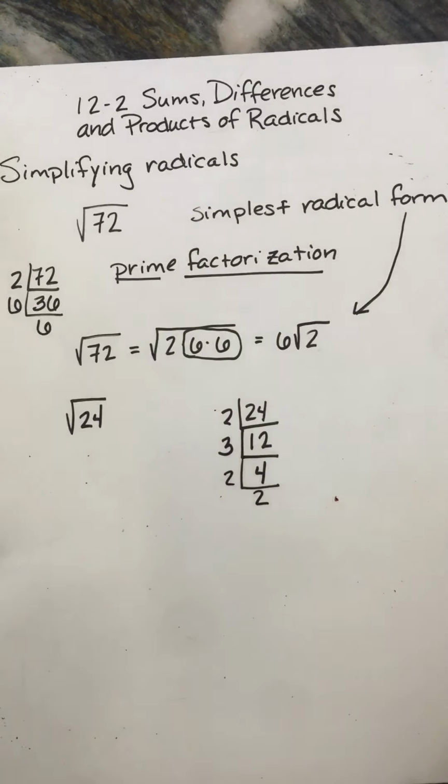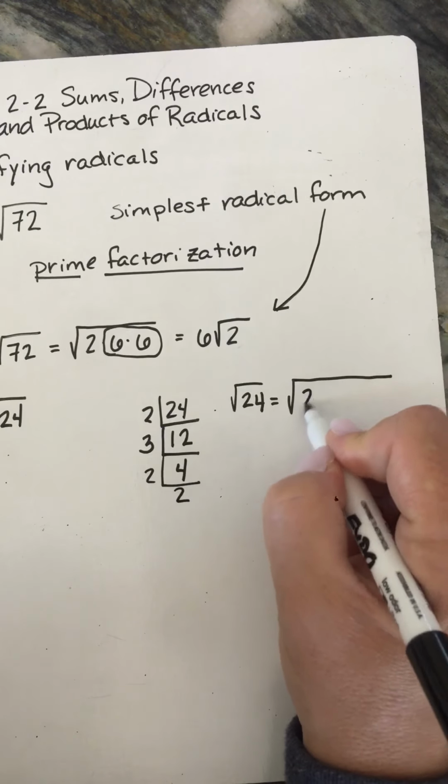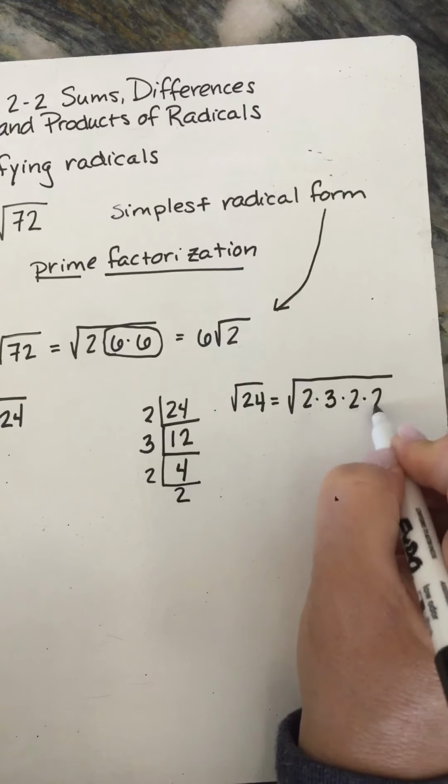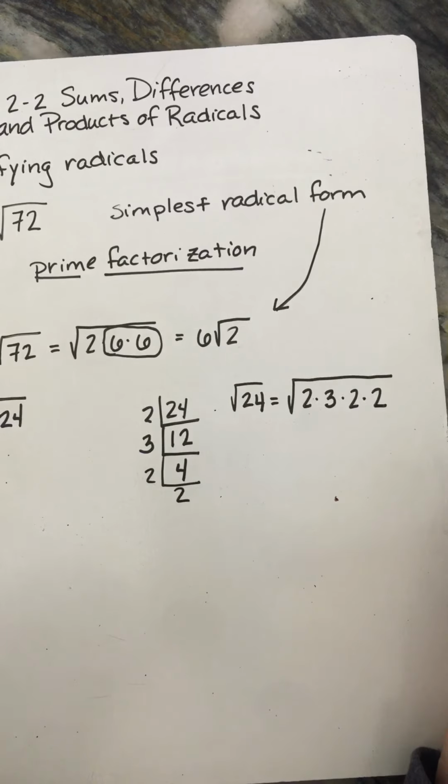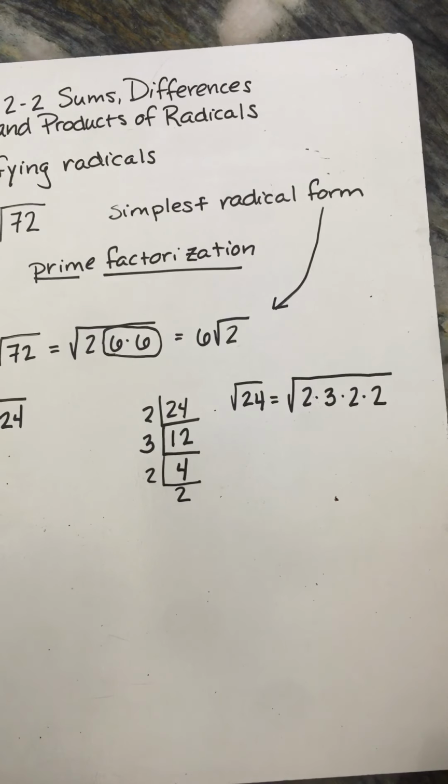All right, so I can write the square root of 24 equals the square root of 2 times 3 times 2 times 2. You can write them in any order, right? Multiplication is commutative. Okay, so let's go shopping. What do we have 2 of?